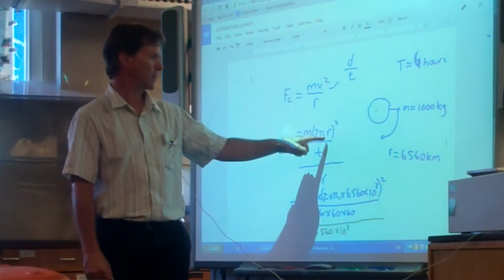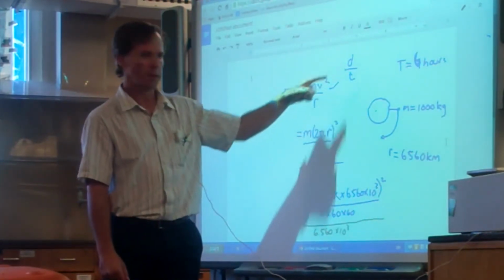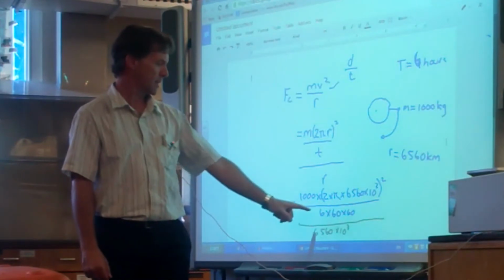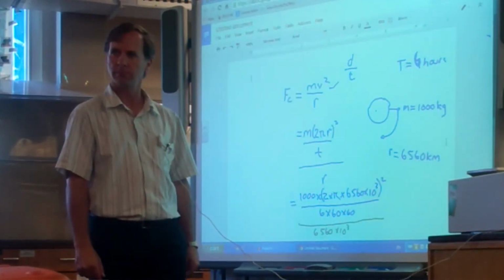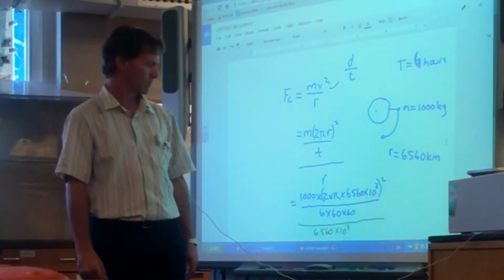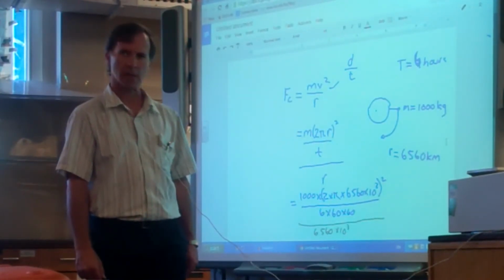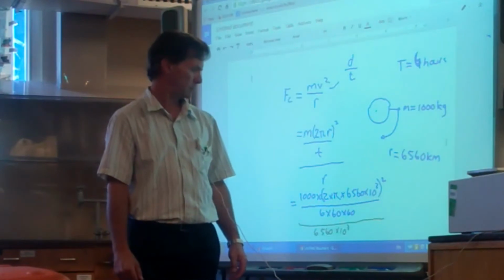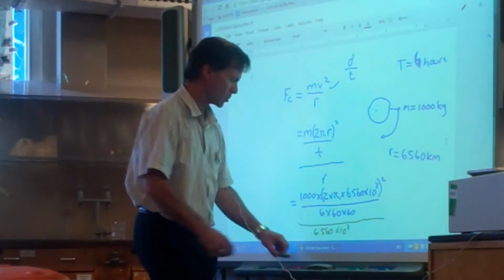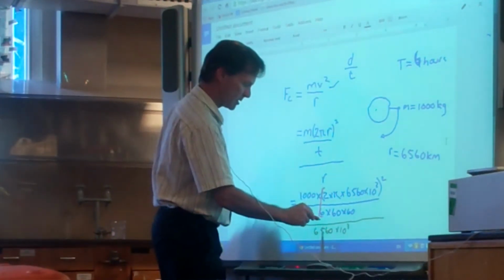Because 2 pi r is the distance it travels over that time of 6 hours. That's the velocity. Actually, what I have to make sure of is the squared bit applies to that whole bit.